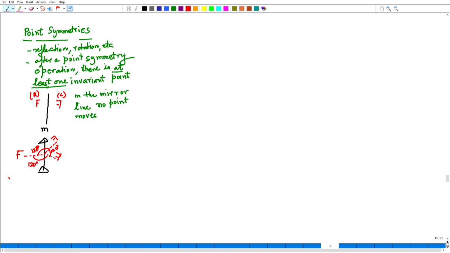Now, here, where are the invariant points? The invariant points in this case are on the rotation axis. Now, how does this differ from translation symmetry?